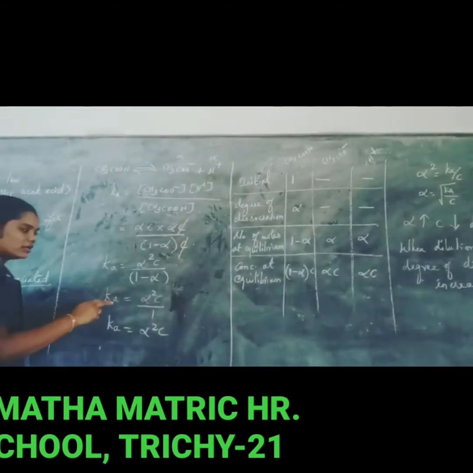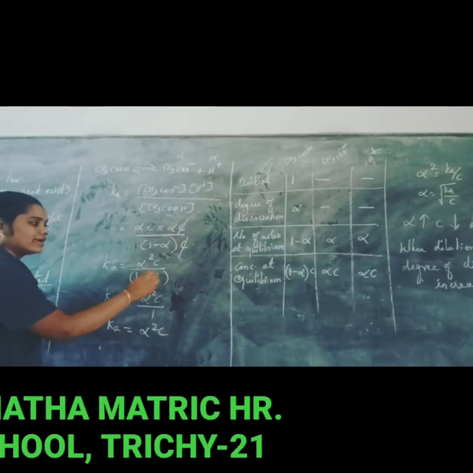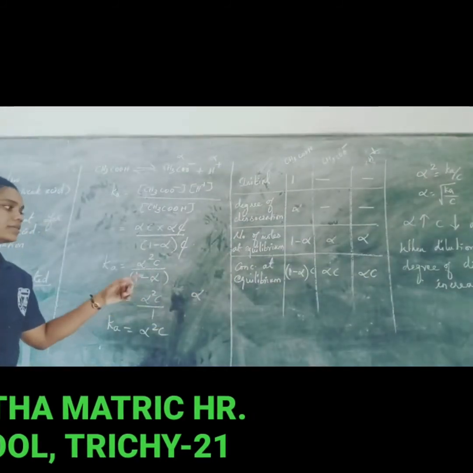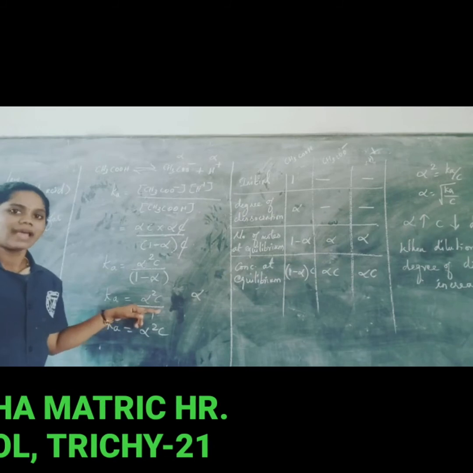So Ka is equal to alpha square C. Here alpha value is very small compared to 1, so I have no need to write alpha in the denominator.